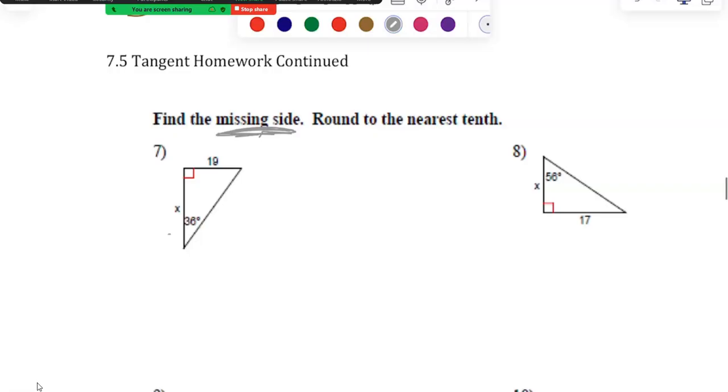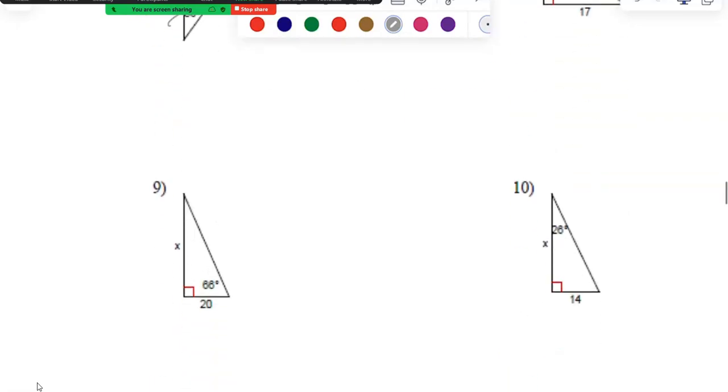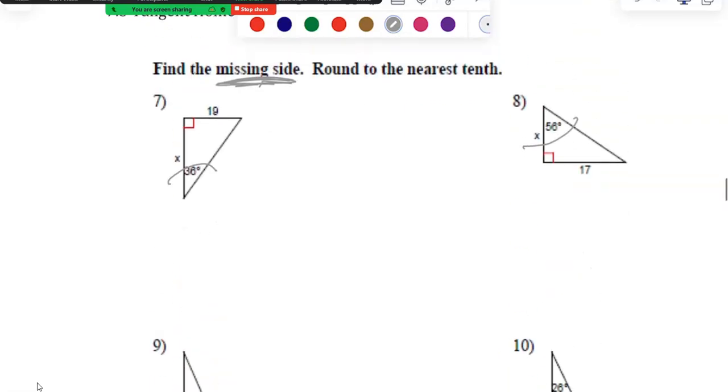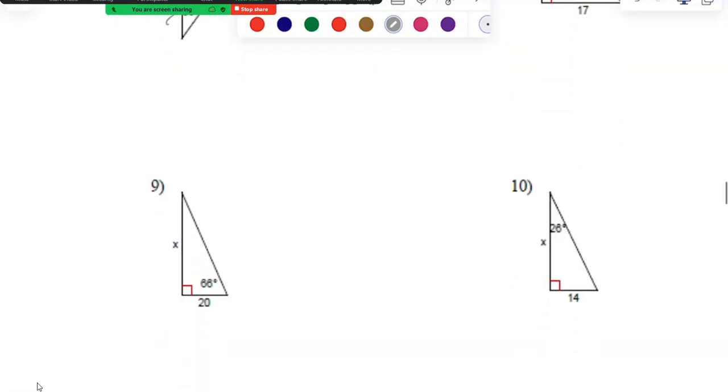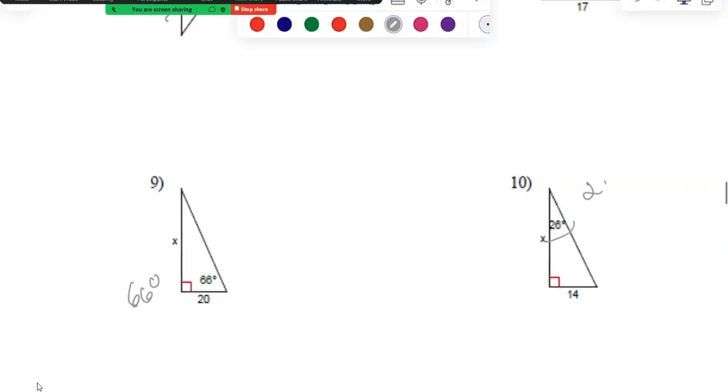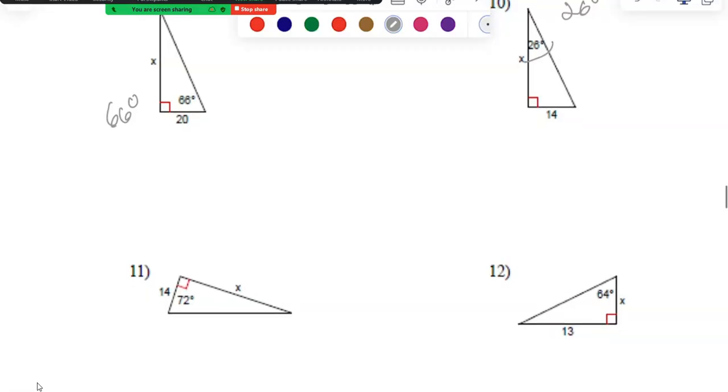So use tan of 36, tan of 56. This is going to be 36 degrees, 56 degrees, 66 degrees, and this will be 26 degrees. Okay, then 72 degrees, which pertains to this angle down here, and 64 degrees.